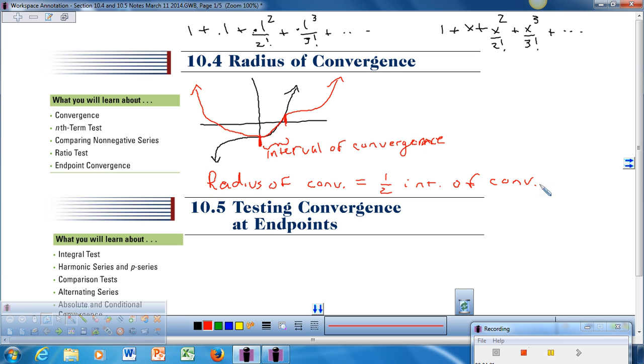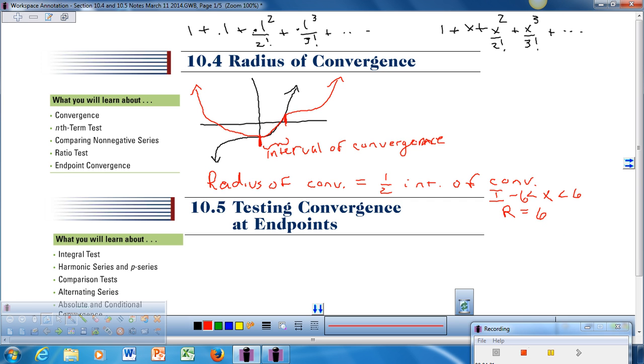All right. So if my interval of convergence was x is between 6 and -6, then my radius of convergence would equal what? 6. Half that distance. Okay?